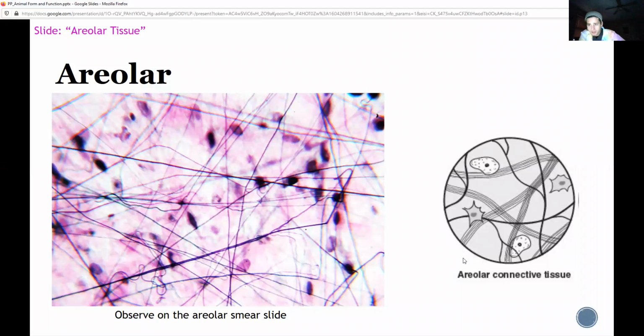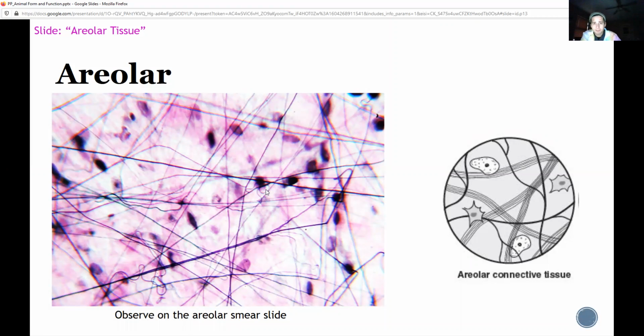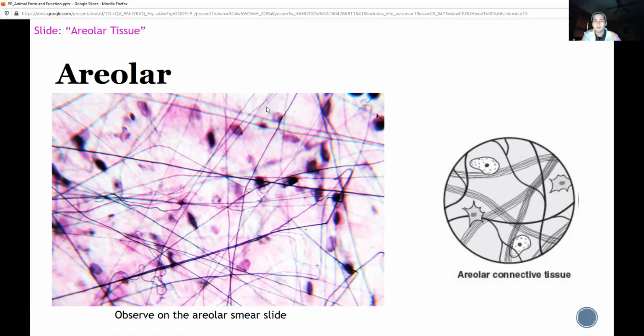So most importantly there, you notice it's a pretty dead ringer for our image over here. All you need to be able to do for this is be able to recognize that this is areolar connective tissue. So connective tissue. If you see this, be sure to be able to identify it. Sound good?